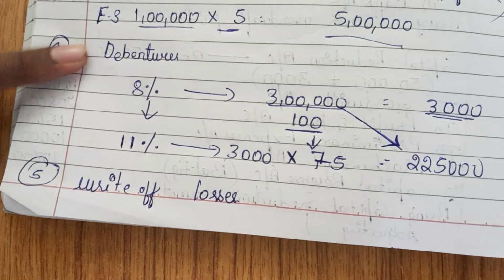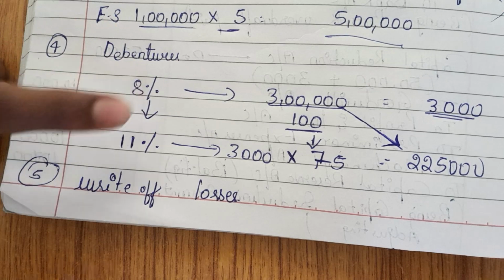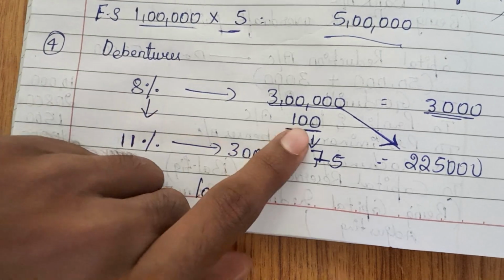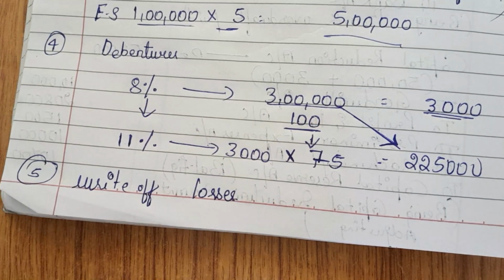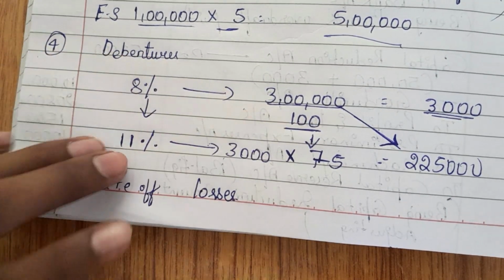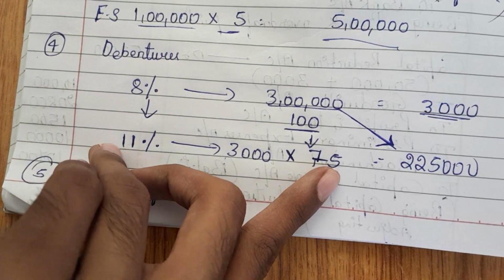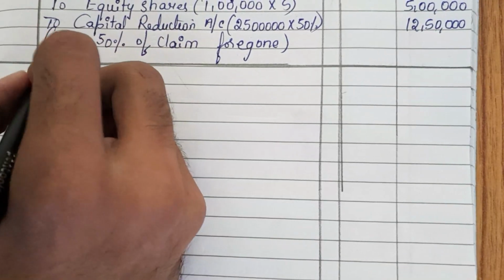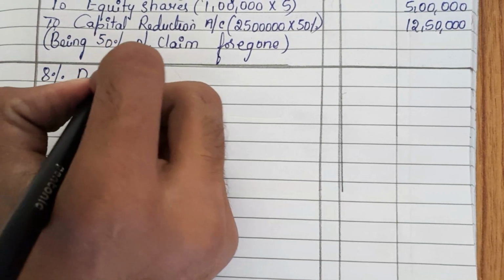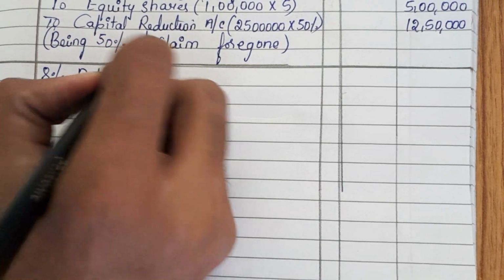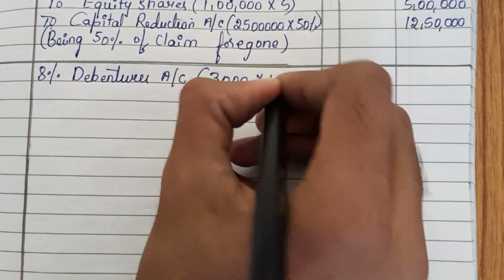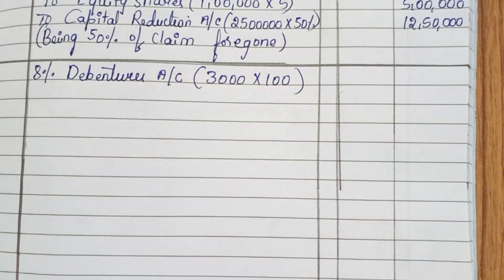Fourth one, what they have told: 8% debentures we have to convert into 11% debentures. So 8% debentures value was 100 rupees. Now we need to convert this 8% debentures into 11% debentures of rupees 75 each. So here it will be 8% debentures account, that is total 3,000 debentures, and it had a value of rupees 100 each.